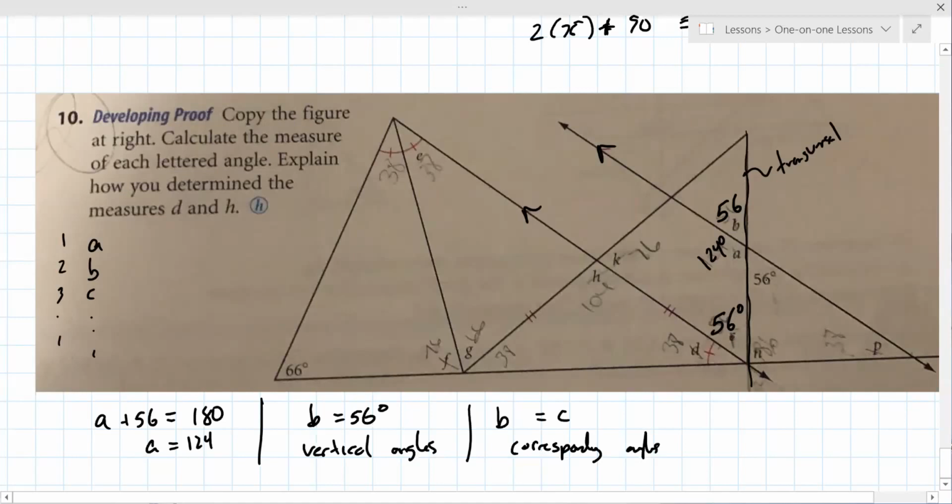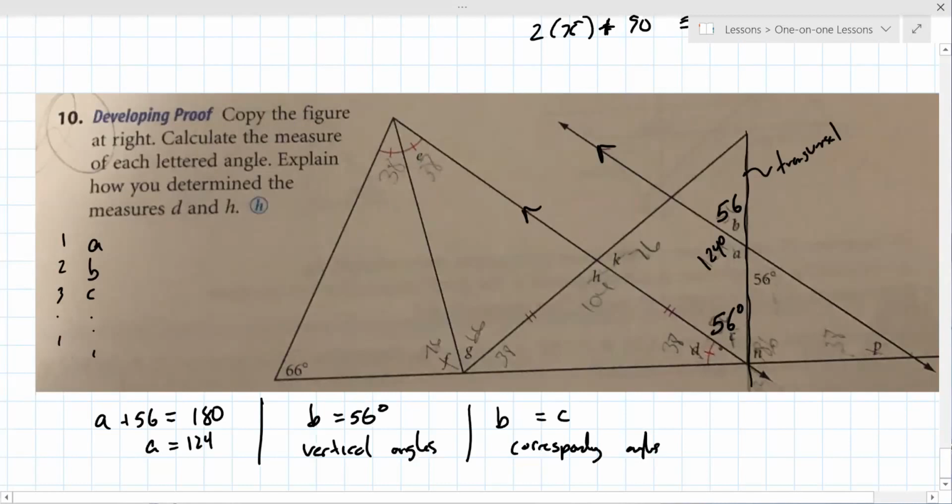Something I'm missing. Okay, they give you this angle down here, 66. They tell you these two are the same. Oh, and these are the same.